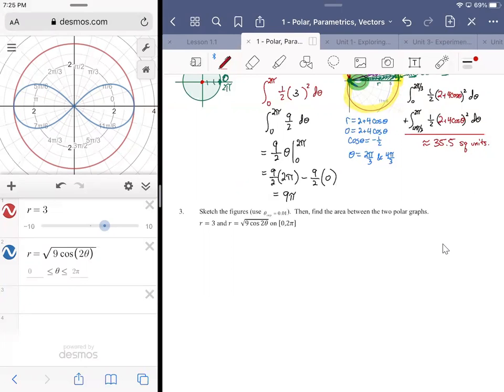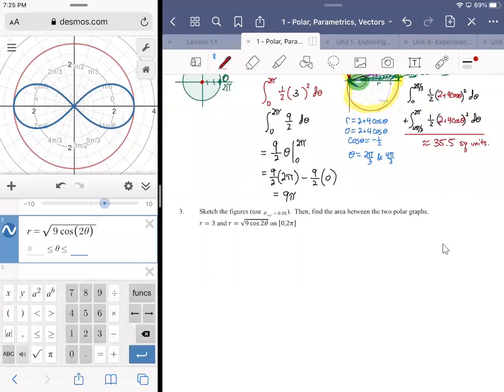I would like to know where this graph starts. So the circle is fine, but when it comes to the infinity symbol, also known as a lemniscate, for those of you keeping track of that sort of thing, what I could do is dial back my domain. Instead of going 0 to 2 pi, maybe I'll go 0 to like pi over 6.